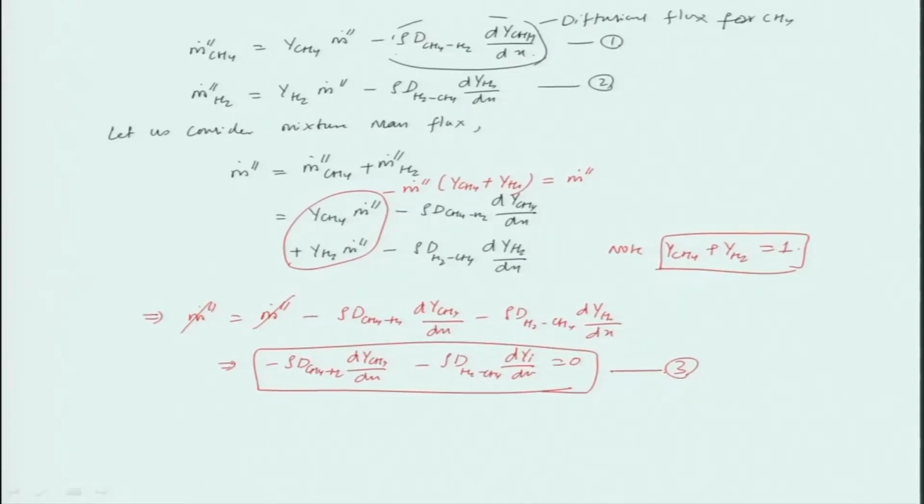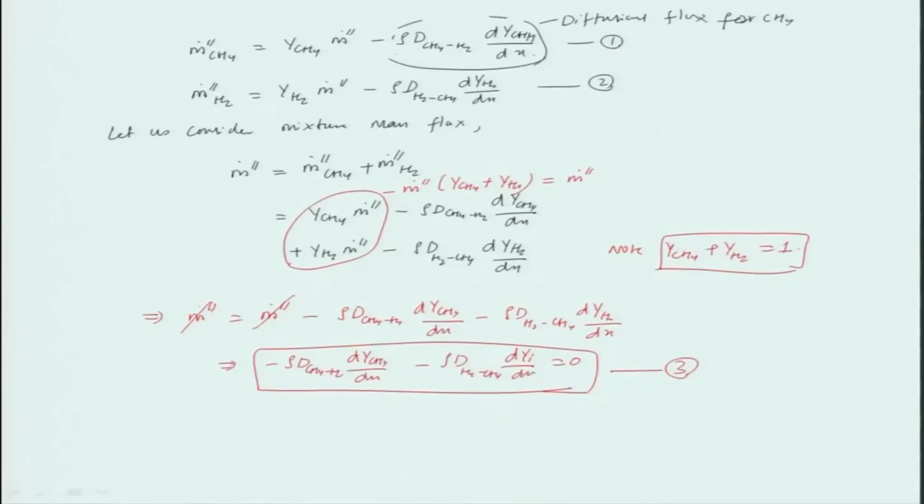You can also derive this for N species. This is basically the mass flux due to diffusion. So, for N species, the summation of m dot i, and I am saying diffusion, for i equal to 1 to N, is equal to 0.